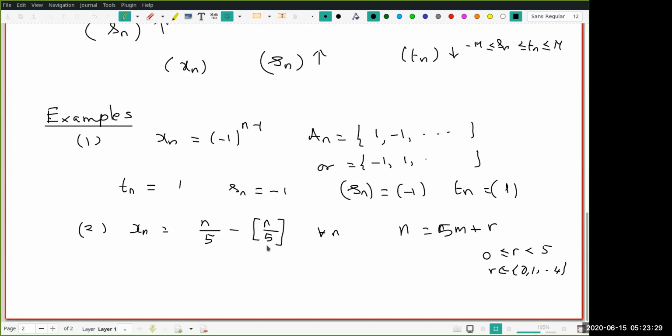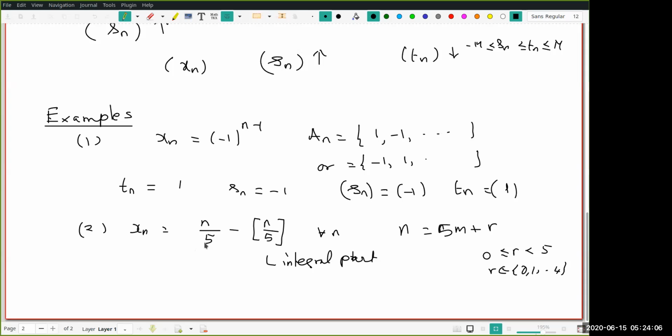Therefore, n/5 will be (5m plus r)/5, that means m plus r/5. The integral part of this is going to be m, the greatest integer less than or equal to that number.